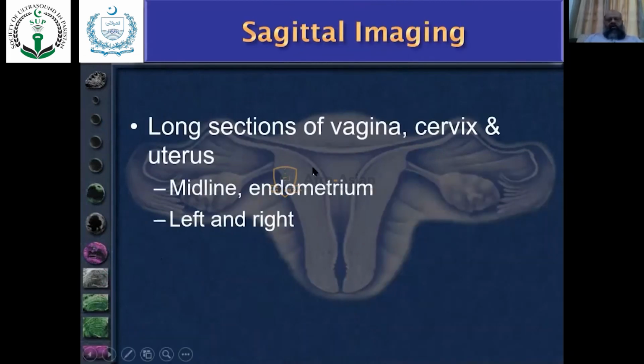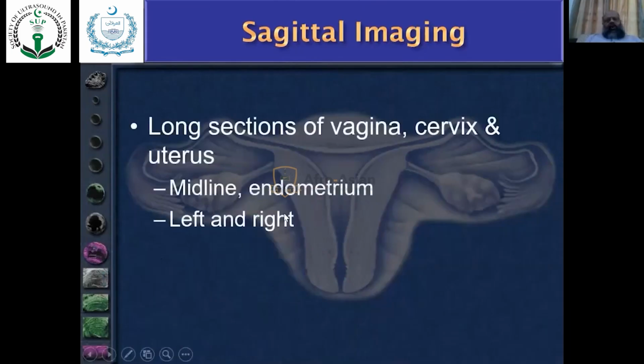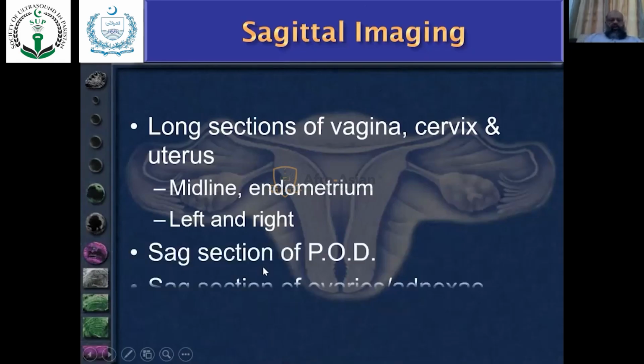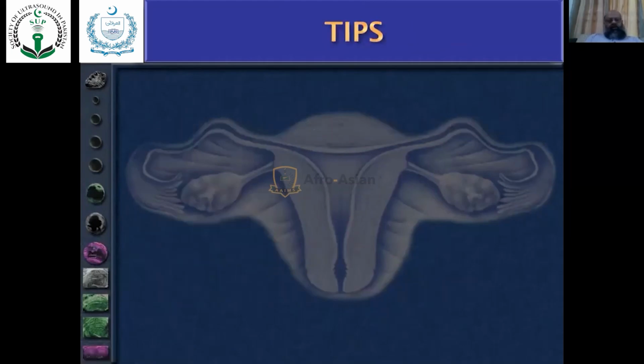So long sections of vagina, cervix and uterus for sagittal imaging. This was the sagittal imaging which we saw, this one. So midline endometrium is visible, left and right orientation is possible. Sagittal section of pouch of Douglas is possible, and sagittal sections of ovaries and adnexa are.